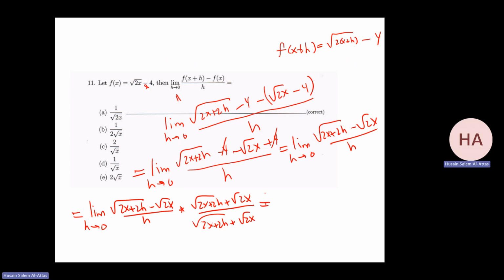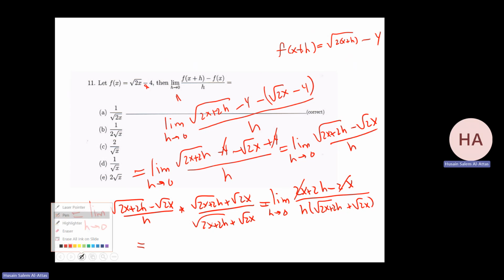Okay. What you will get in the numerator? You get 2x plus 2h minus 2x over h. Okay. Now this is cancelled. H also cancelled with h. I can substitute. Very clear?